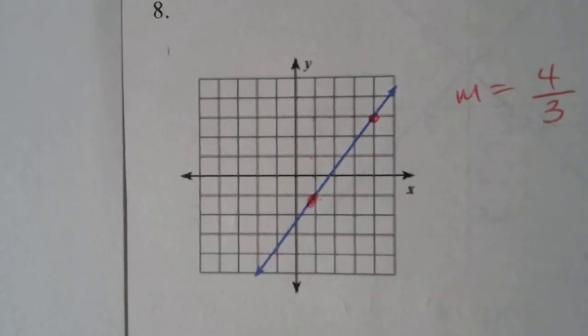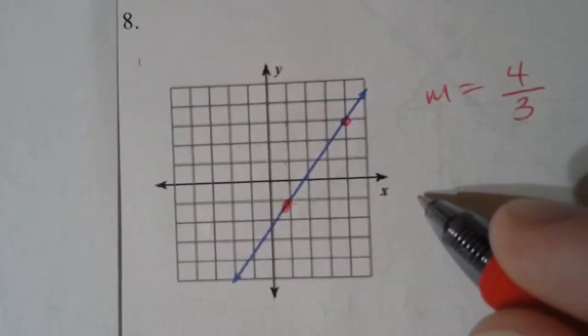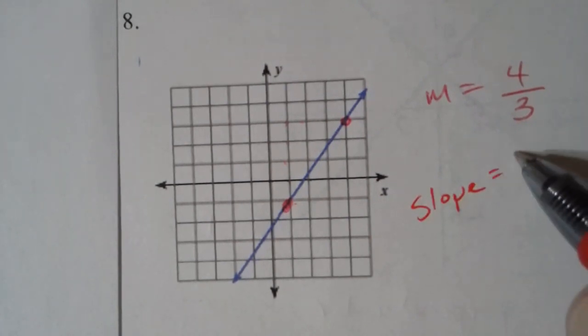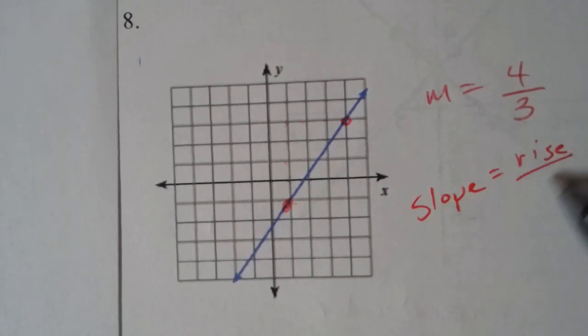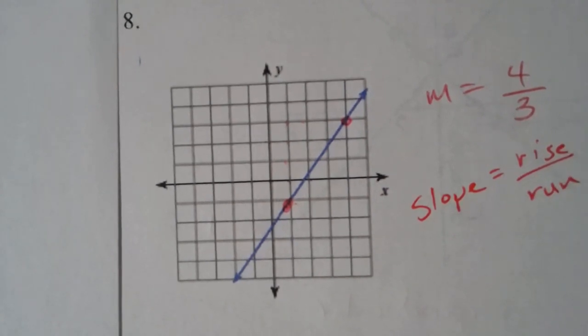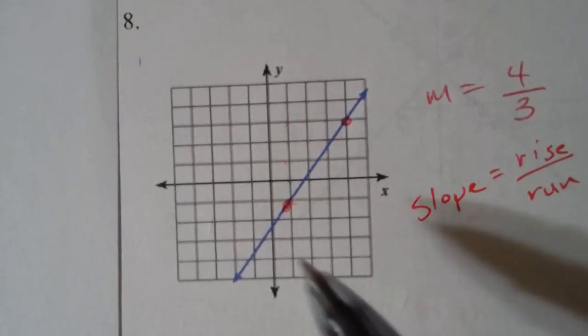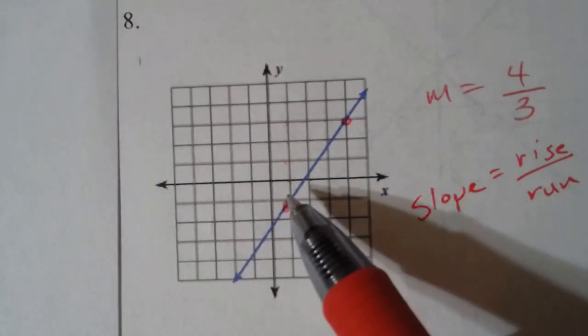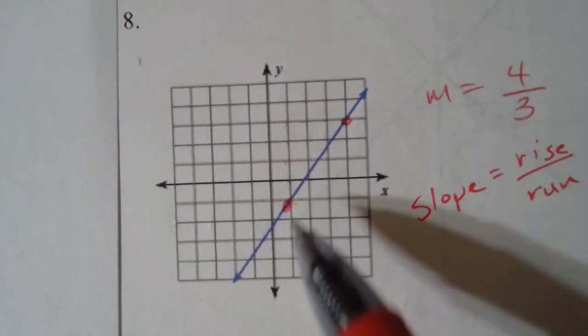So now recall from Algebra 1 that slope is just equal to rise over run. Even if you don't have your formula handy, if you can remember that slope is equal to rise over run, you take your first point and you see how far up or down you rise to get level with your other point.